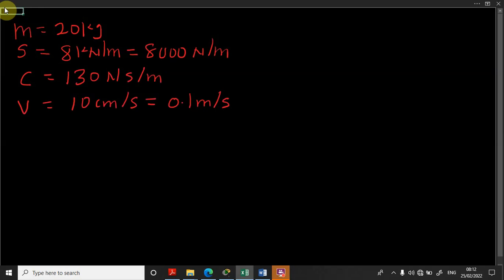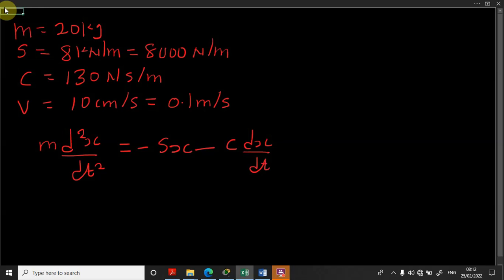Now, for a forced damped vibration, the equation of motion is written as m d squared x over dt squared should be equal to the restoring force negative sx and the damping force negative c dx dt.